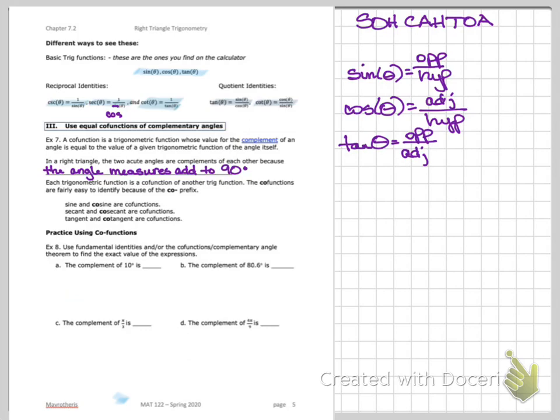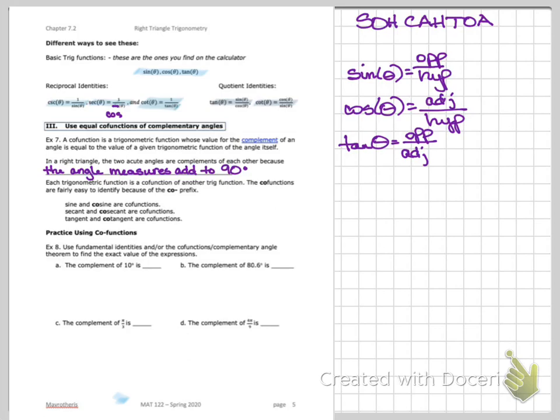Right? So cofunctions, sine and cosine are cofunctions, secant and cosecant are cofunctions, tangent and cotangent. So yeah, it's the co of the function that is the cofunction. So we're going to start off by talking about complements.